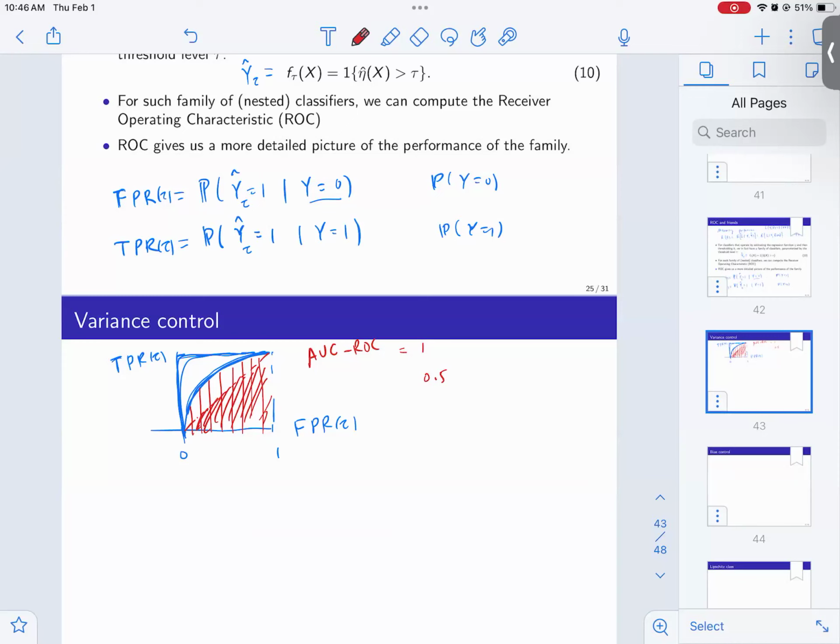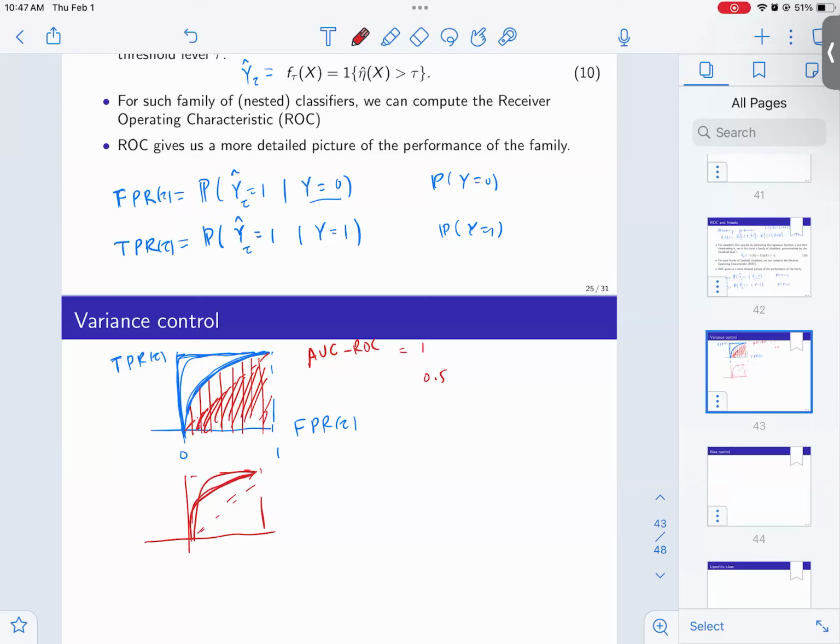For two curves, I can have the same area, but one is more preferred than the other. So the curve has more information. They could have the same area, but it depends on your application. One could go like this, the other could go like that.